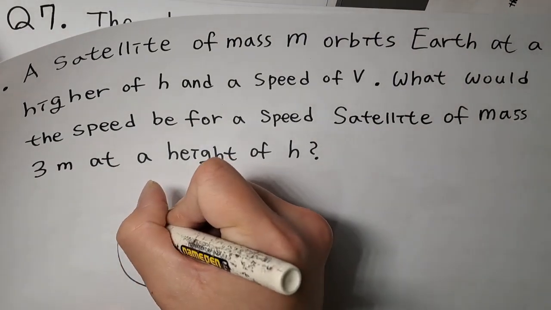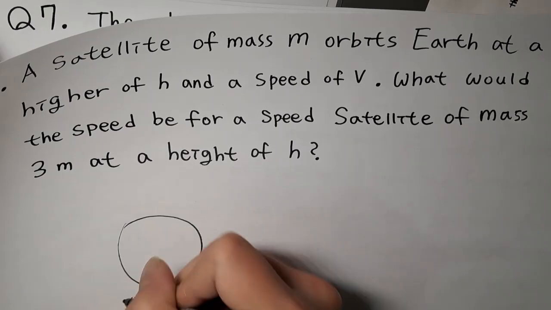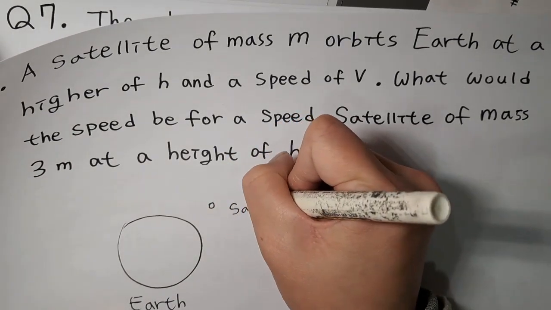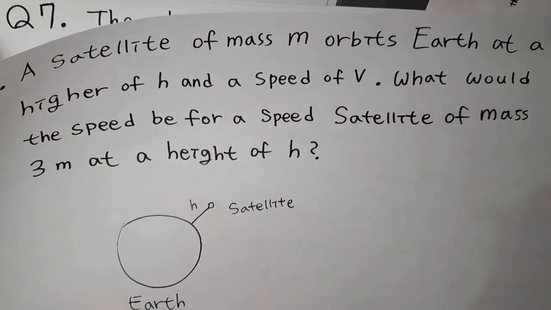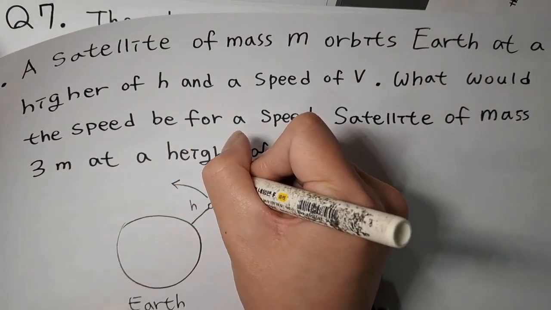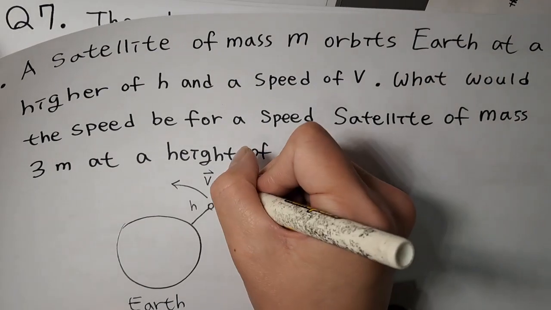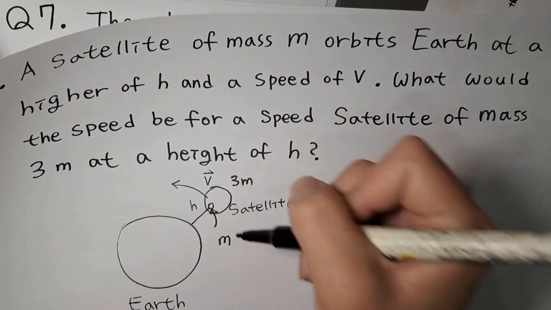So this is the Earth, and this is the satellite. This is the height from the Earth, and this is moving by this velocity, and this mass is going to be equal, and this is 3m. This is just mass m.